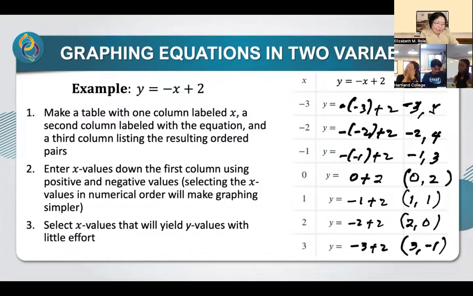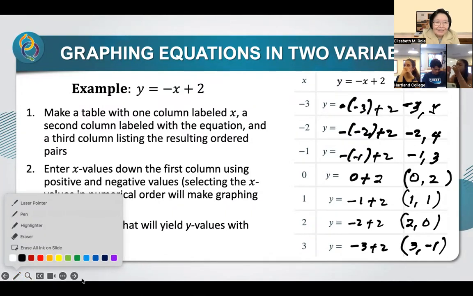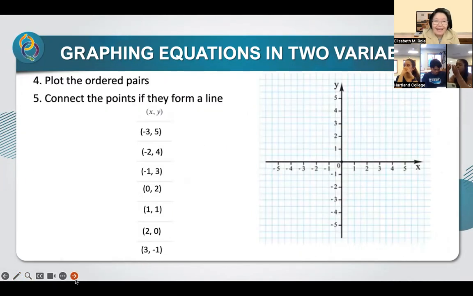If we want to plot the points, you need a graphing paper here so that you don't do a lot of lining. These are the coordinates that we already found: -3, 5; -2, 4; -1, 3; 0, 2; 1, 1; 2, 0; 3, -1.